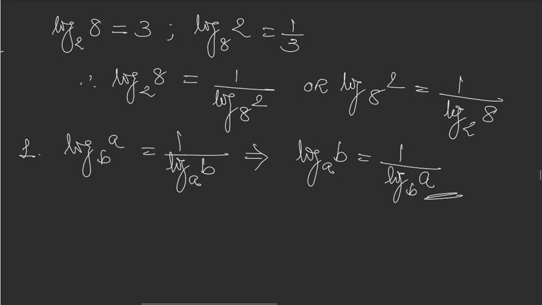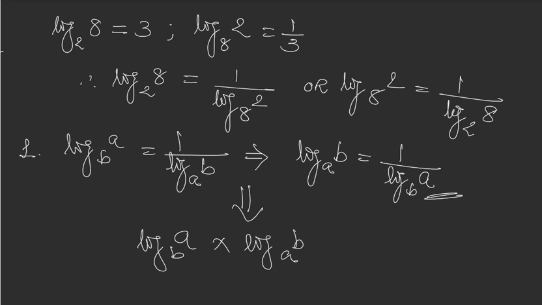And from these two identities, we can derive one more identity. So pay attention to this. So you can write it as log of a to the base b into log of b to the base a is equal to 1.